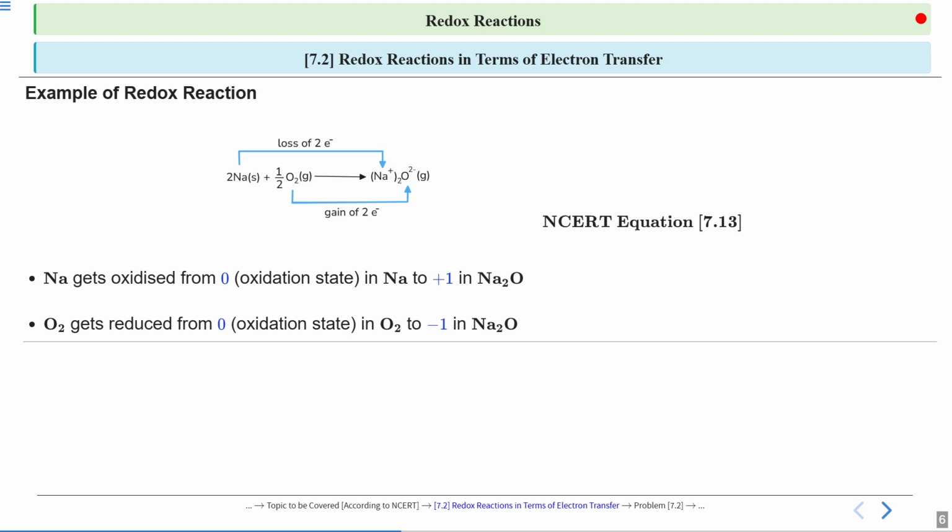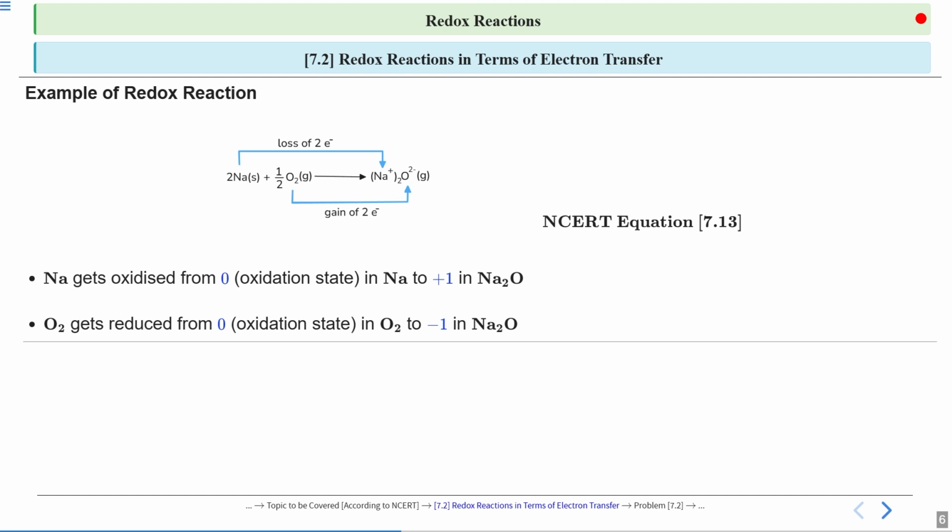So what we have concluded over here? We have concluded that in Na2O, that means sodium oxide, the oxidation number of oxygen is -2. This is because sodium mainly lies in group 1, so it has typically an oxidation state of +1 in compounds.